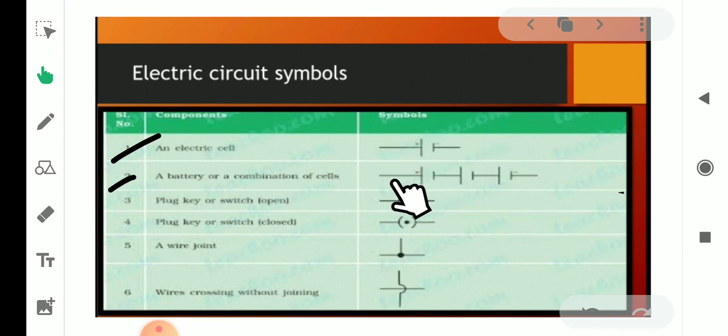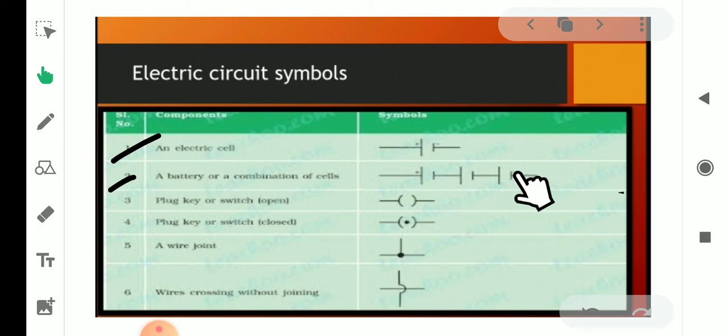And the next, second component, you can see, is a battery, or a combination of cells. When do we call it a battery? When two or more cells are connected in this form, then we call it a battery. Here you can see the connection: positive terminal, then the smaller vertical line is the negative terminal, the longer vertical line again positive, negative, positive, negative.